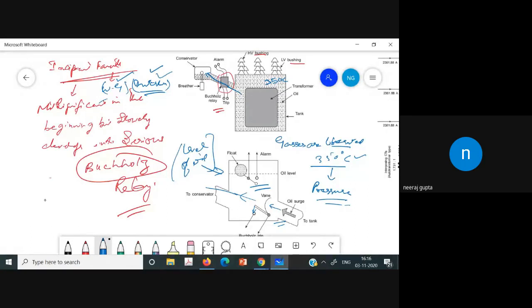However, when the oil level decreases, in case of leakage of the oil or decomposition of the oil, the float will sink, causing these contacts to close.